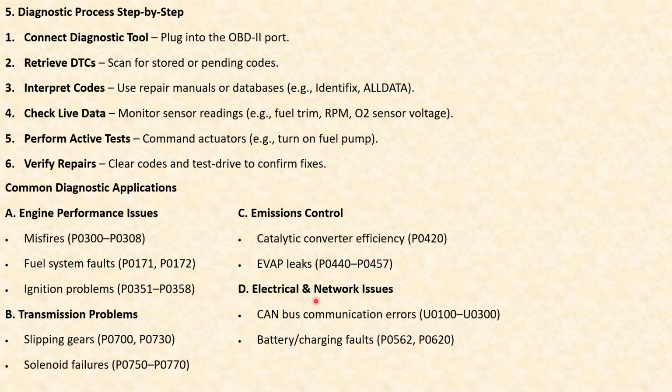When it comes to electrical and electronic network issues, CAN bus communication errors, battery charging faults. So these are the various common diagnostic errors that may sprout out after the diagnostic process step by step is completed. After you complete the diagnostic process step by step, these are the various faults that may be detected.